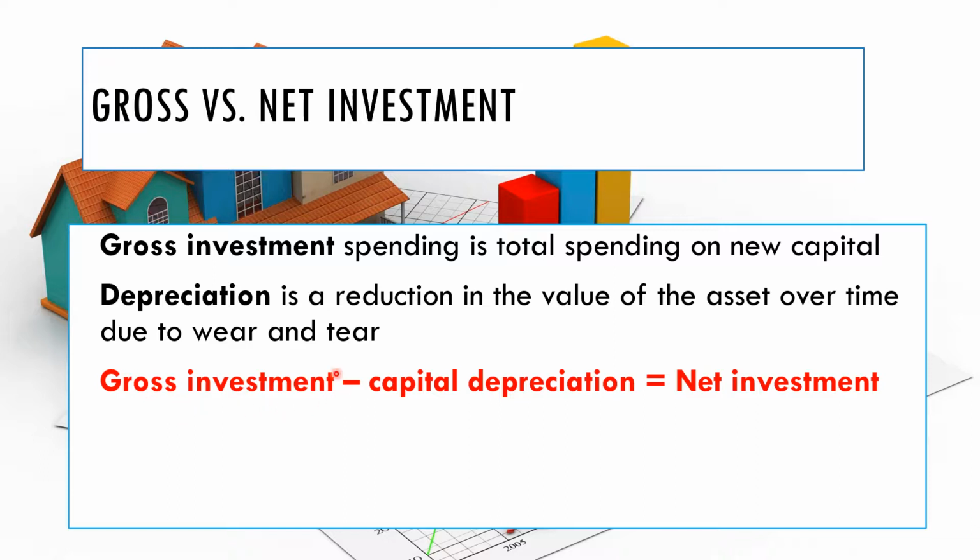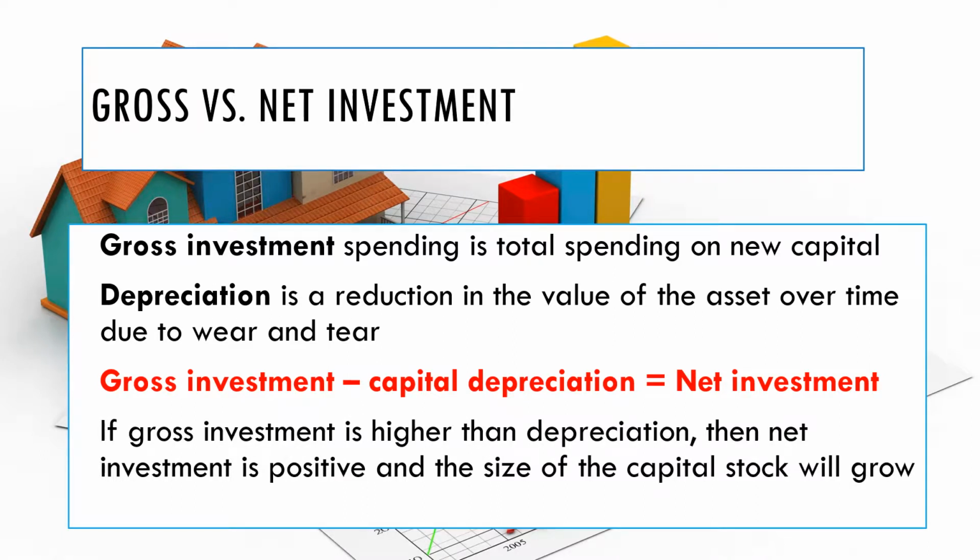However, if we spend 200 million on new machinery, new vehicles, new stock, and the existing stock only depreciates by 50 million, then we would have a net investment effect positive of 150 million in the economy. So if gross investment is higher than depreciation, net investment is positive, and the size of the capital stock, the value of the capital goods in the economy, the value of factory, plant, equipment, machinery, vehicles, all that stuff will grow.